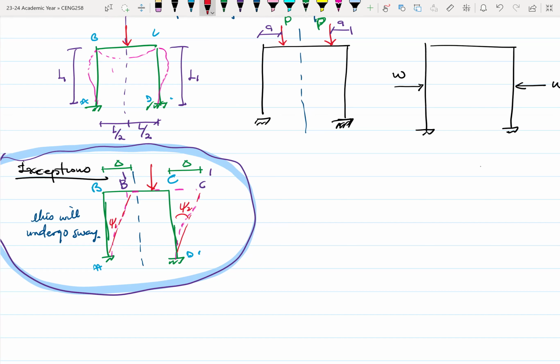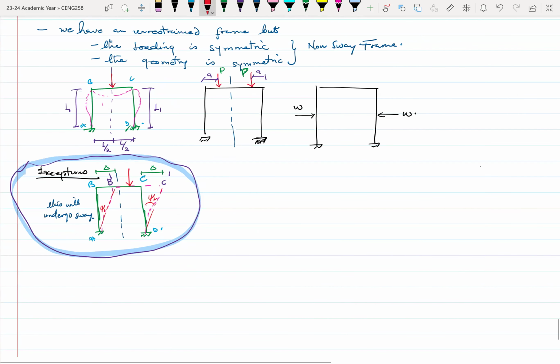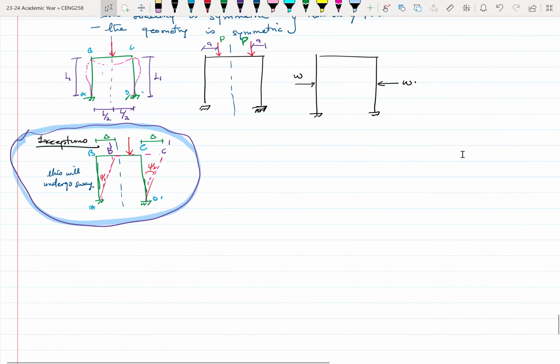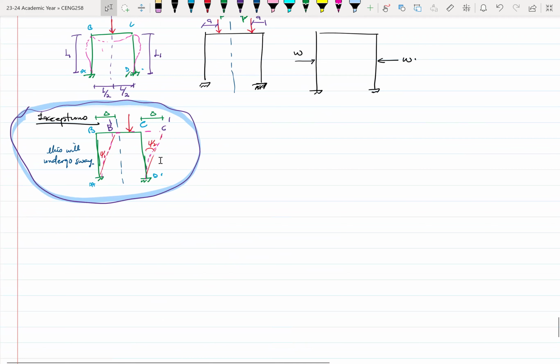Let me label all of these for us so that it's easier to reference them going forward. Okay, I think I will talk about that later rather.